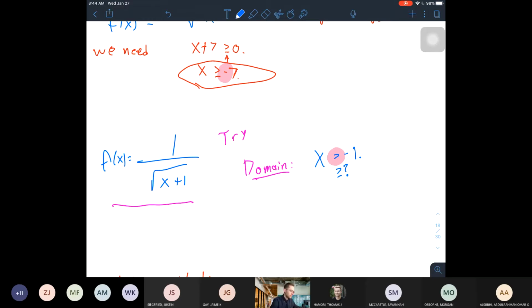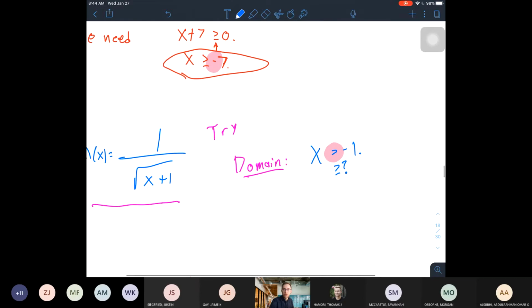Exactly, very good. So two answers coming in from Omkamar and Aeon. They've got it right. We need to exclude the possibility of x equals to -1.